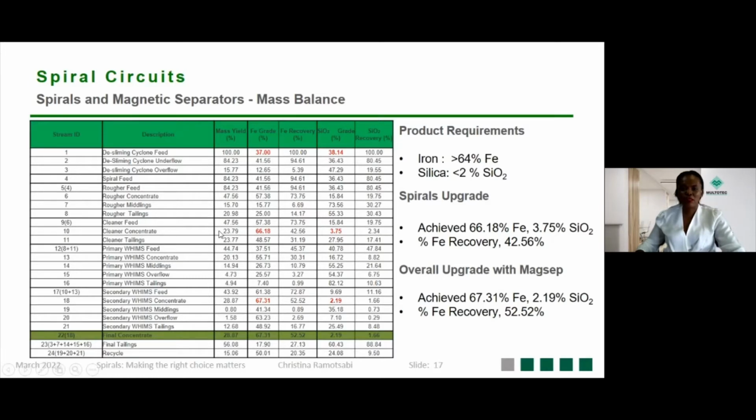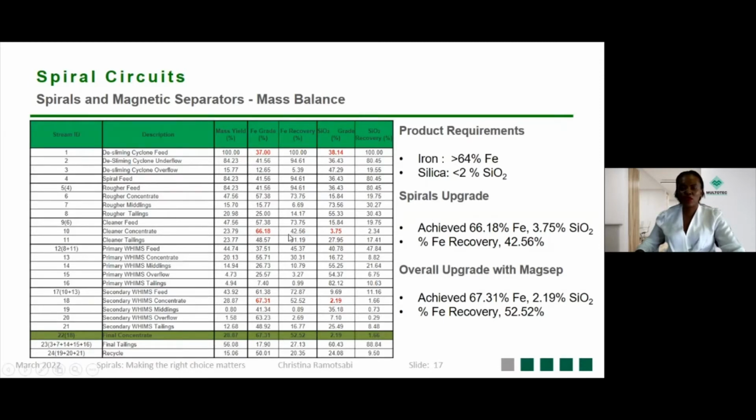If you look at the mass yield achieved on the cleaner, it was around 23%. But if you add on the concentrate from the MagSep, we could improve that yield to about 28%. Similarly, you can see that there's been an improvement in terms of recovery.